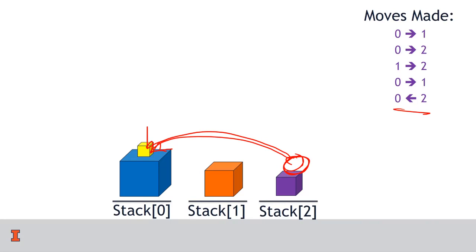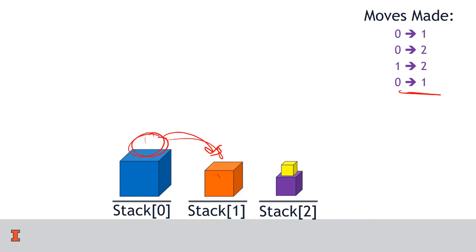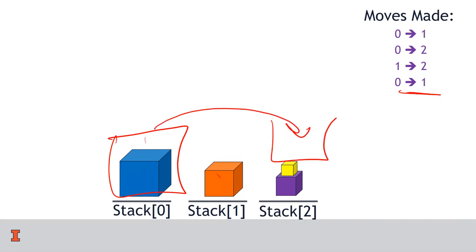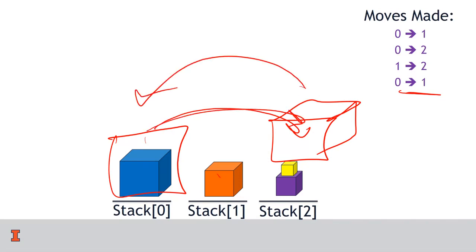We actually did 2 to 0. Because in fact, if we did 0 to 2, it would have required us to move this blue cube and put it on top of the yellow cube. So this is not a legal move. And in fact, here, we can't move 0 to 2. The only option we can do is to go from 2 to 0.